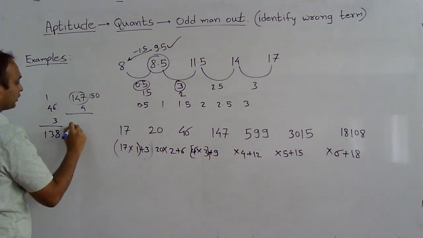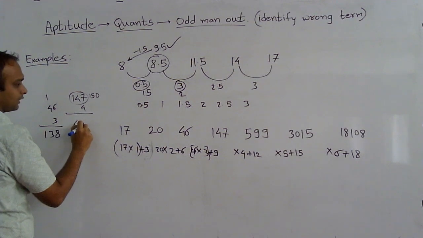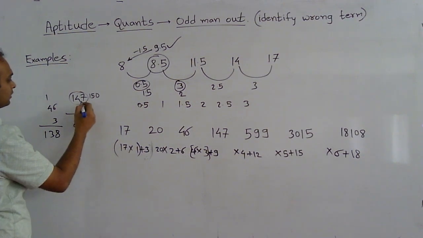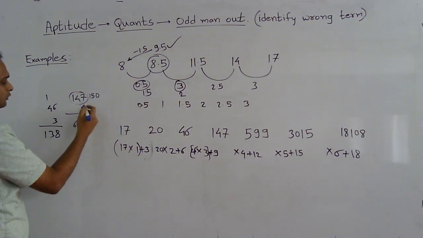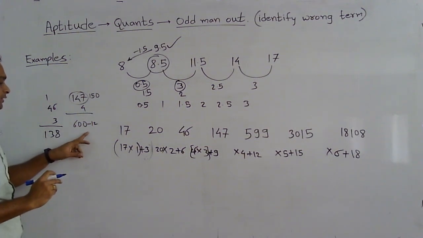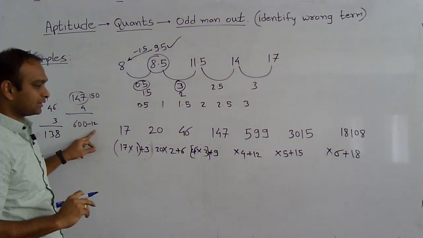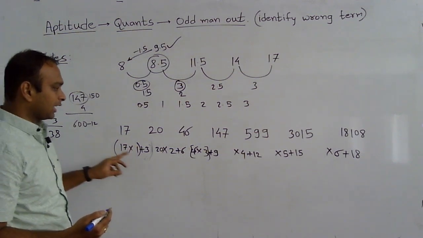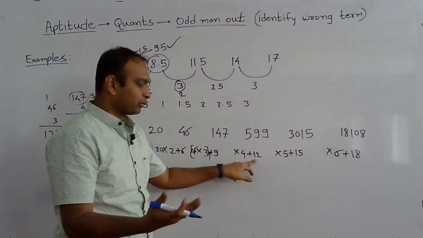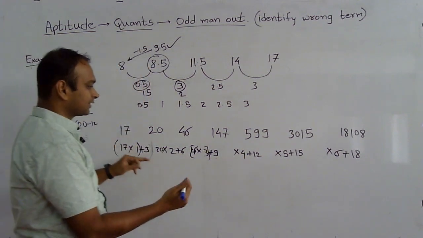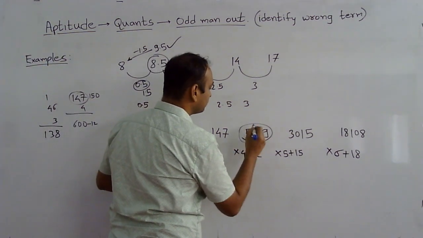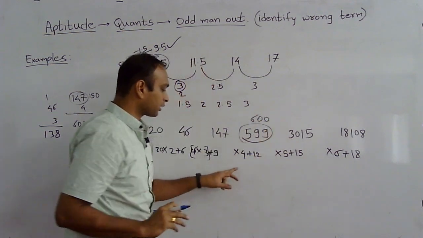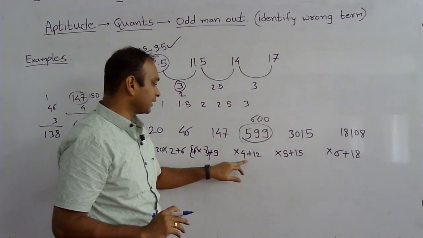So 150 into 4 is 600, and 3 is extra we have taken, so we need to subtract 12 out of this. 600 minus 12 is 588, and here again we need to add 12, so that is 600. So instead of 599, it should be 600. As per our calculation, it should be 600.